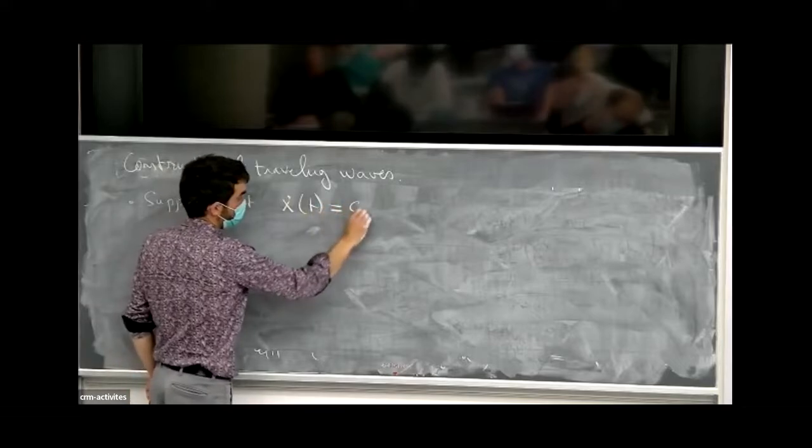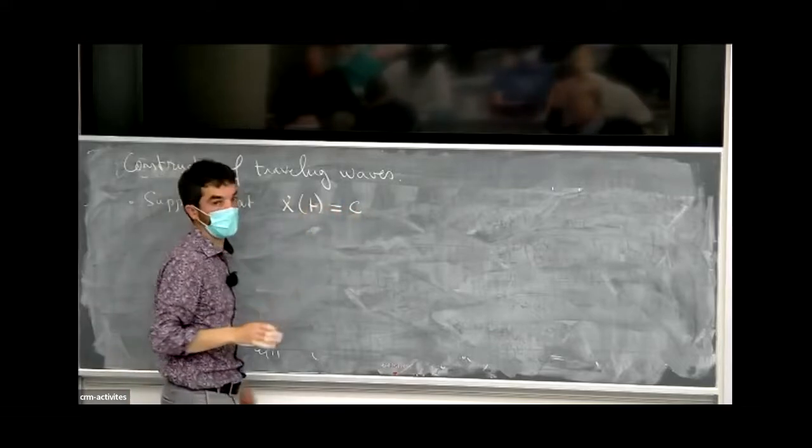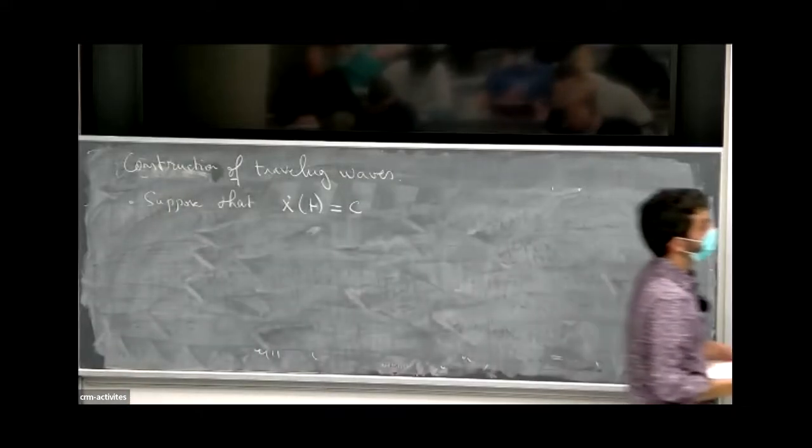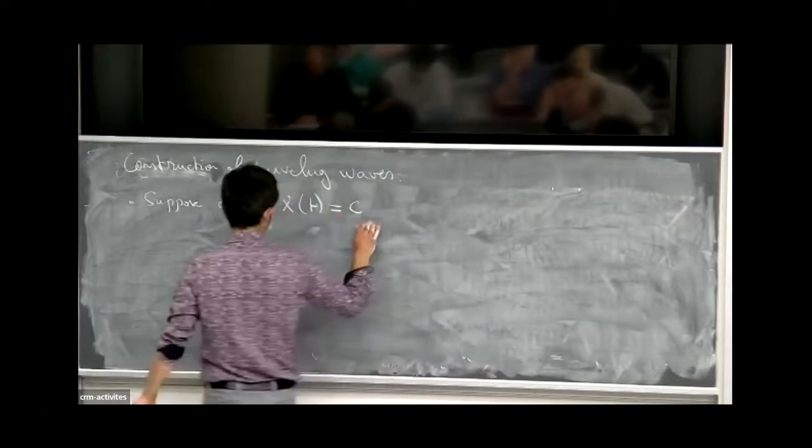First, I will suppose, which is of course a prerequisite, that the interface is actually moving at some speed c. If there is a traveling wave, the environment must move at the same speed, so the oxygen gradient will be shifted at speed c, and this will be the speed of my interface.